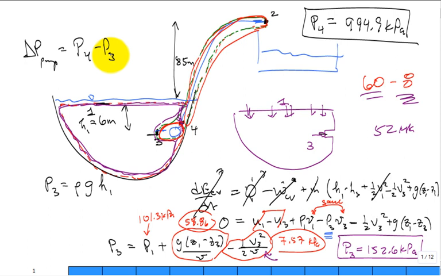Yes? Where did you get specific volume for P3? Yeah, you'll just know that it's liquid water. And we're going to use the density is 1,000 kilograms per meter cube, or specific volume is 0.001 meters cubed per kilogram. You assume it for water.